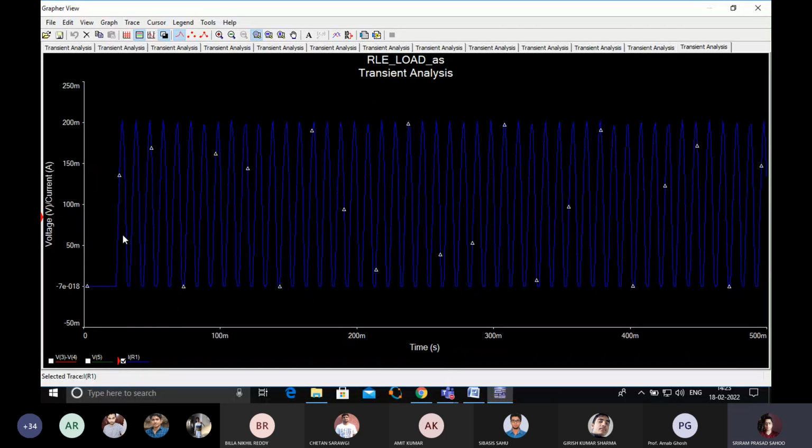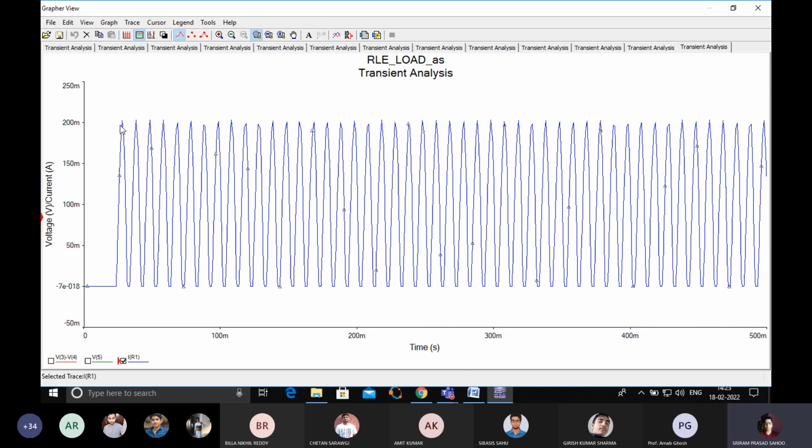The current is very low for 80. So how much value of the current? 200 milliampere is the almost discontinuous mode.